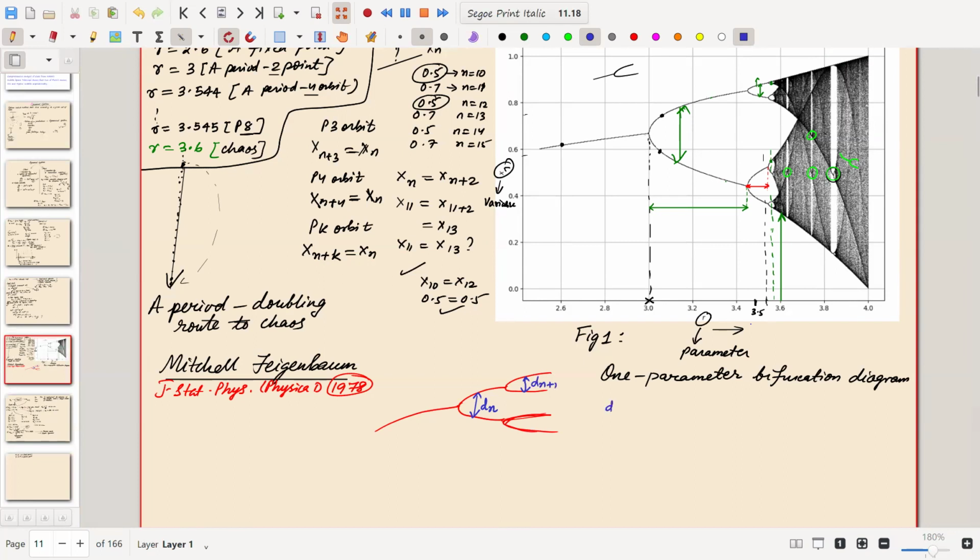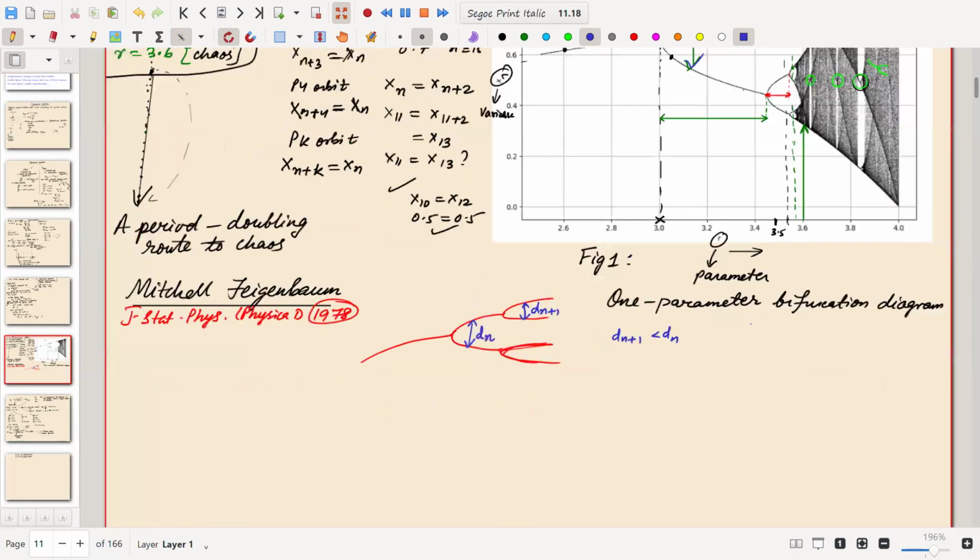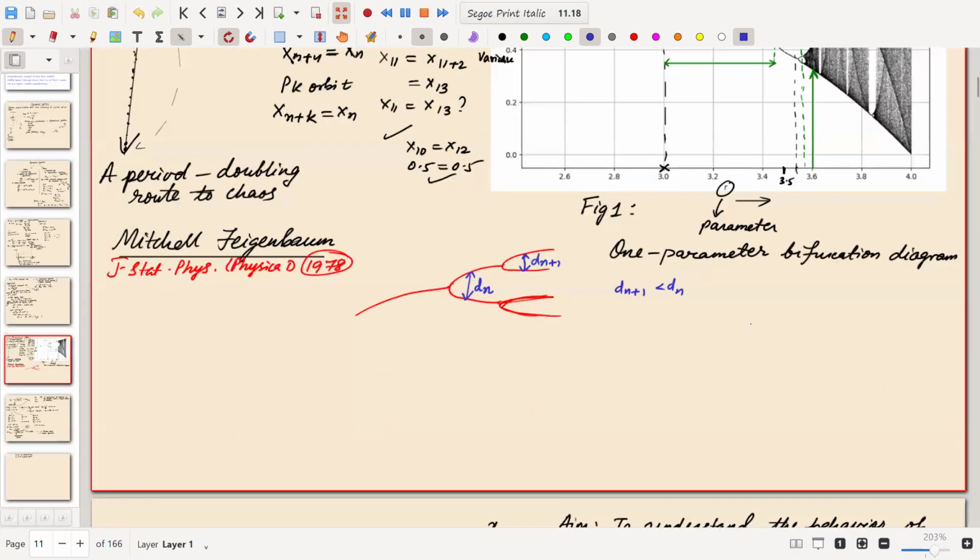Of course dn plus 1 is less than dn. It can be seen from here: the distance between here and here is less than the distance between here and here. It gets flatter.